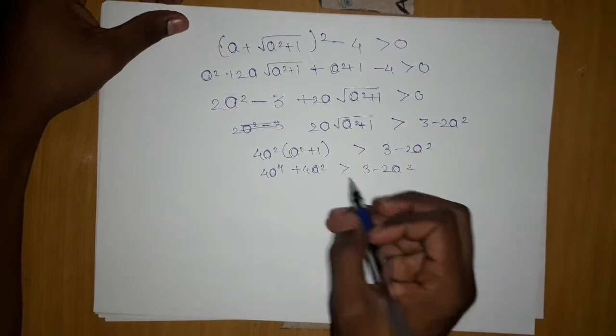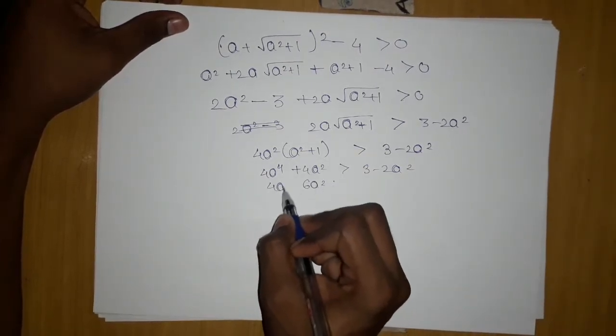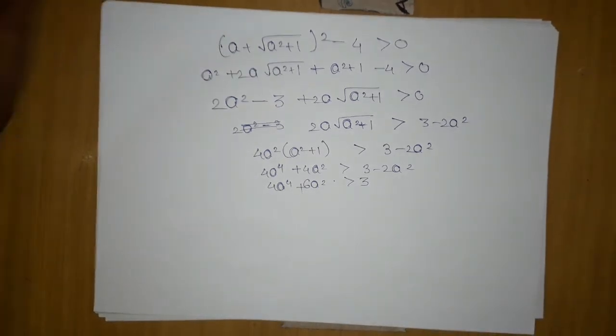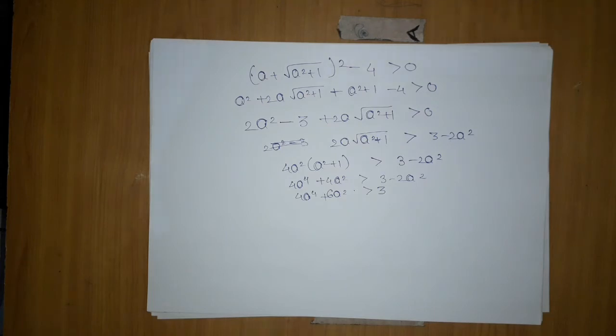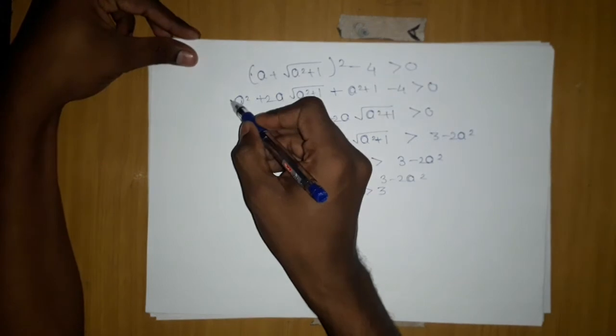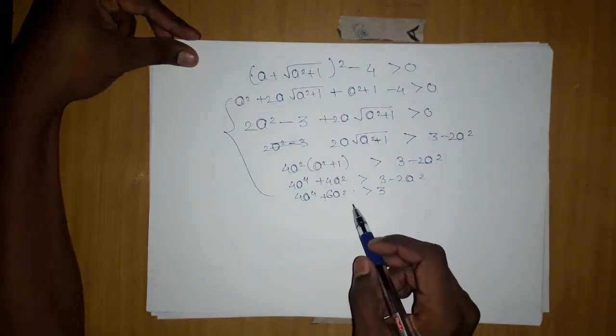If I move it that side, we get 6a square plus 4a raised to 4 greater than 3. Here we are making some silly mistake, that's why we are stuck. So let's solve it another way, because further we cannot proceed here.